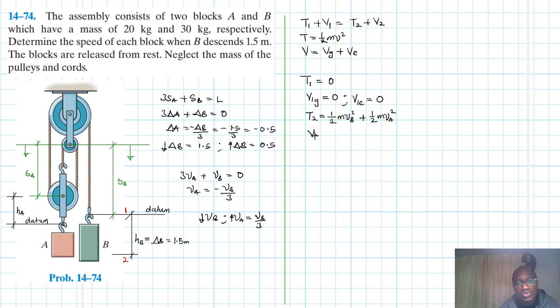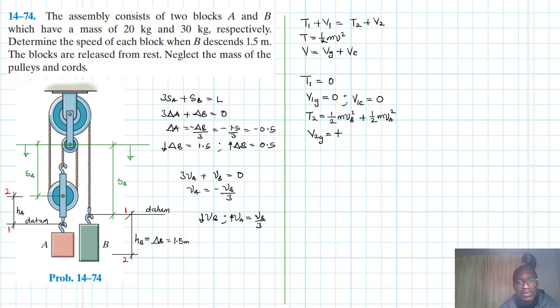Then V2G, of course, they will have moved to point 2. So this point is 1, then 2 is there, like so. Therefore, for B, the datum is up, going down, therefore this is negative.